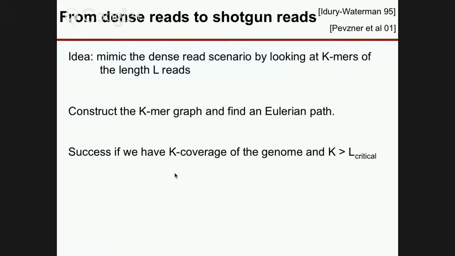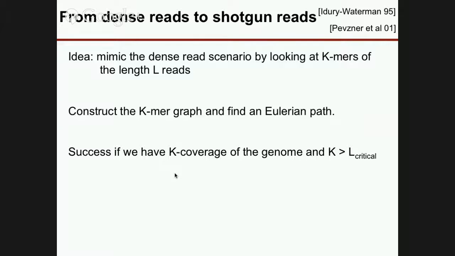You give me a genome, you give me a read length L, and I optimize over K to satisfy those two conditions. And then I choose N, the number of reads, so that both conditions are satisfied. That allows me to compute the curve.